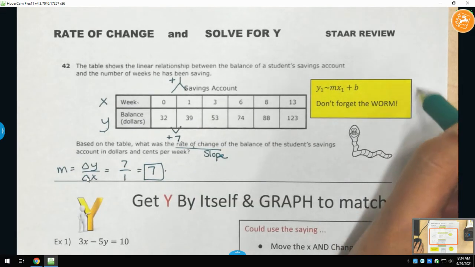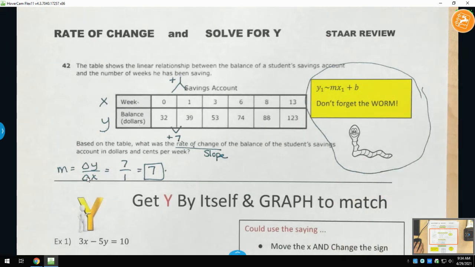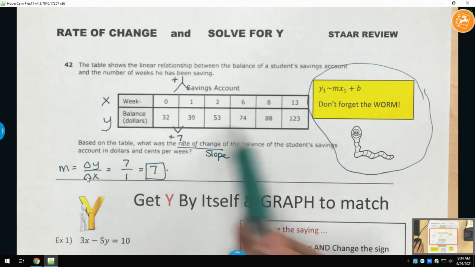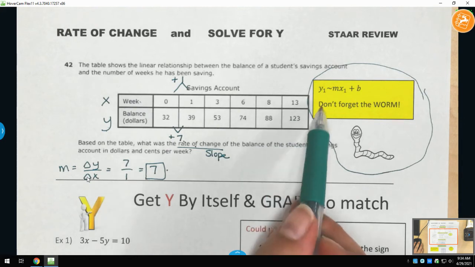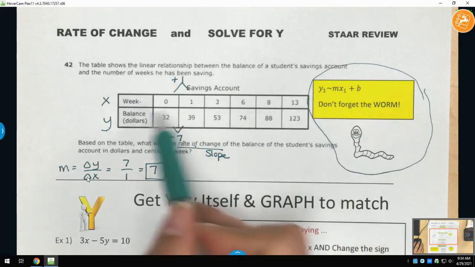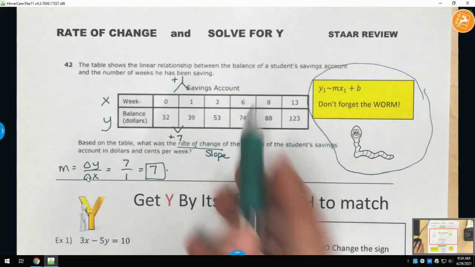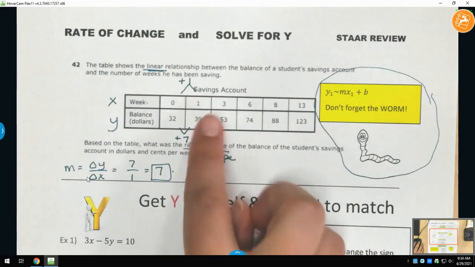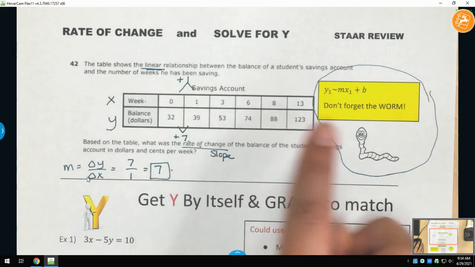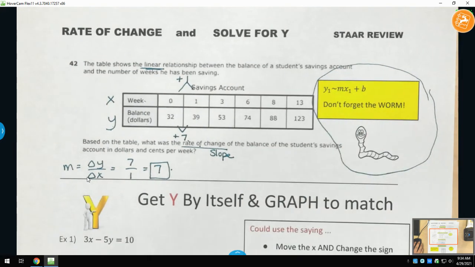Now, the other option, for those of y'all that remember the worm, you do have the option to let Desmos bail you out of having to calculate slope or come up with equations from tables. This is only good if it's going to be a linear relationship, which we know that it is because it told us that right there. But when it is, we can input our table and use the worm if we recall how to do that.